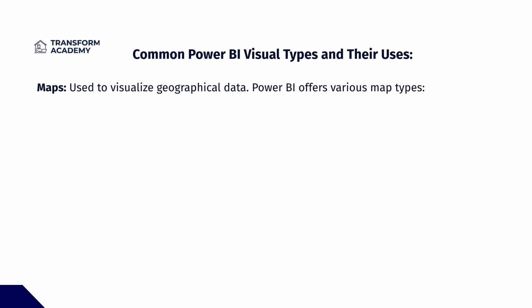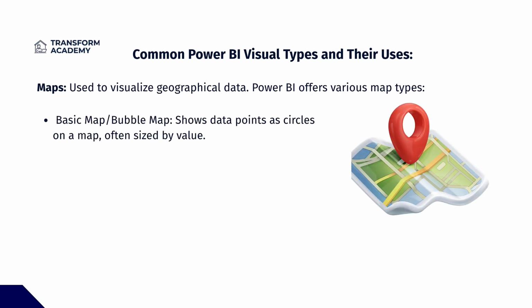Maps, used to visualize geographical data. Power BI offers various map types. Basic map and bubble map show data points as circles on a map, often sized by value. Filled map.